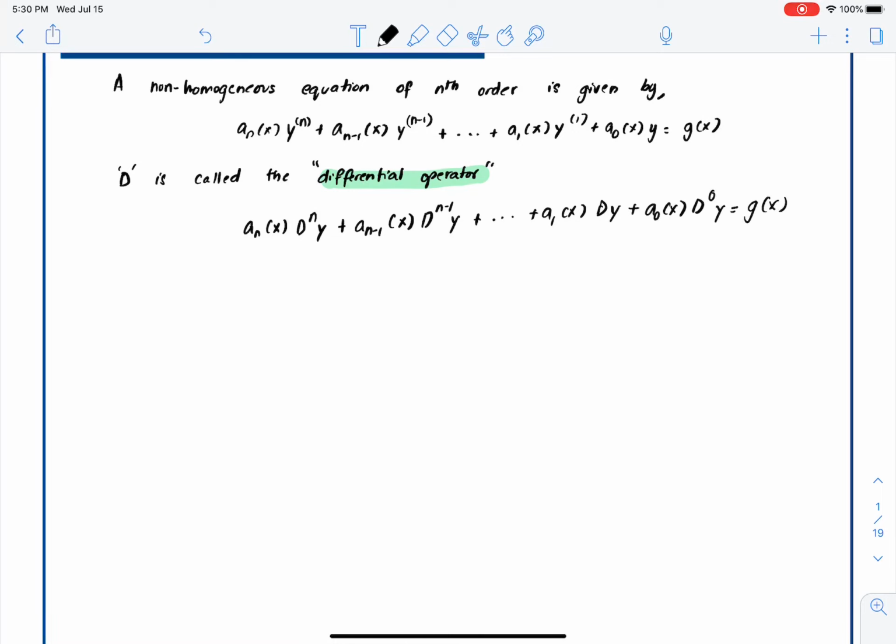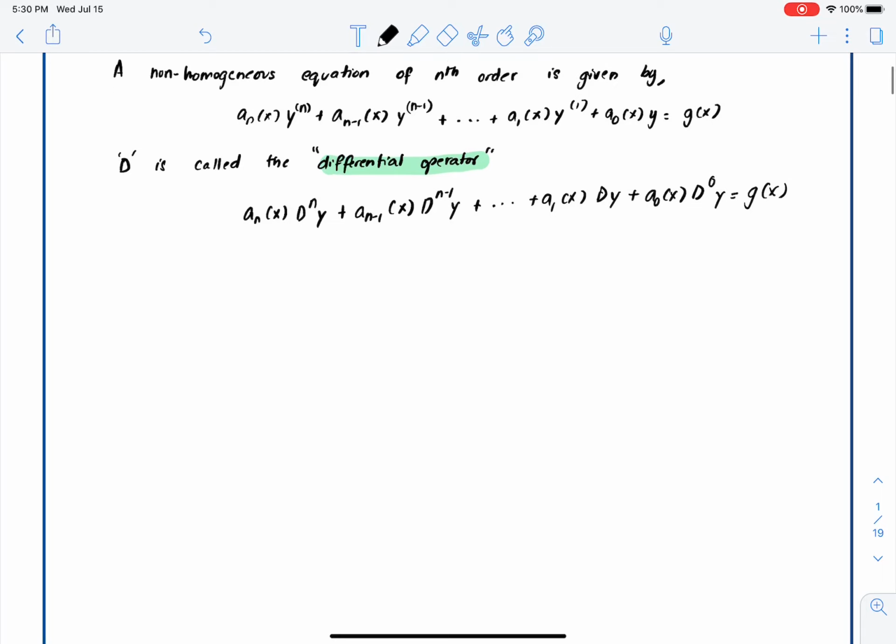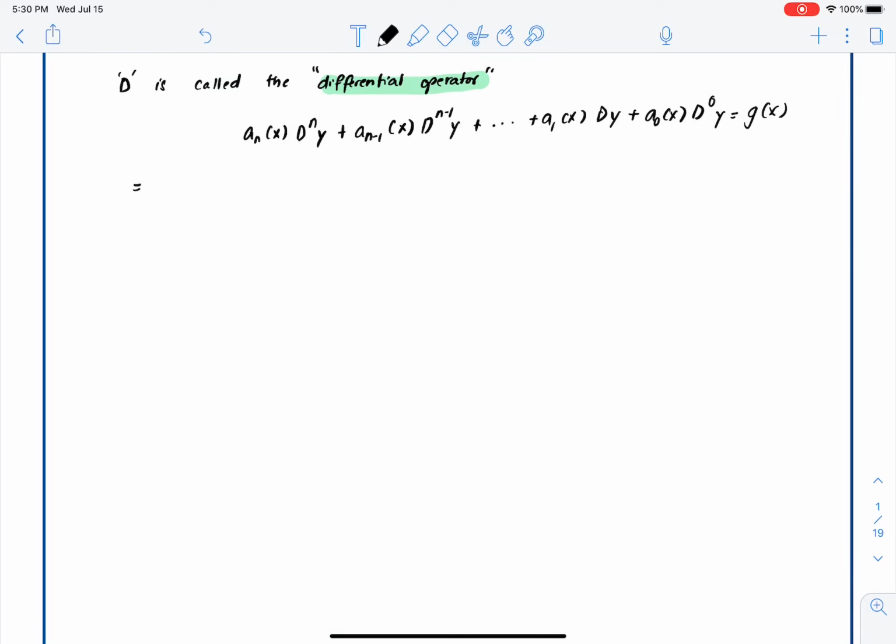By the form that I wrote, it should be obvious that D raised n times y would give us the nth derivative, D raised n minus 1 times y would give us the n minus first derivative, all the way to D raised 1, or D, of y, which would give us the first derivative, y prime.